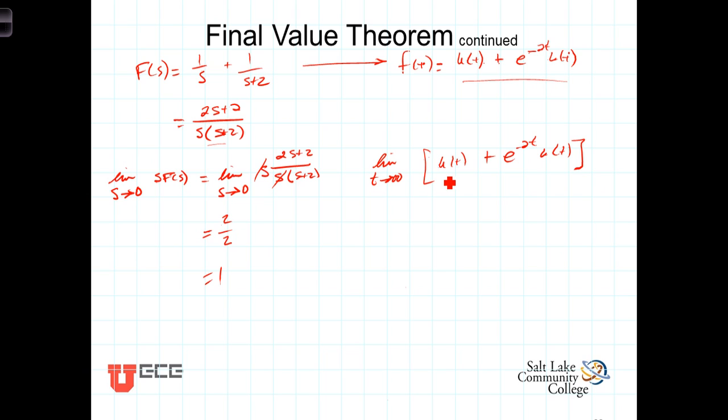It equals 1 for all t greater than 0. So the limit as t approaches infinity of the unit step function is just 1. On the other hand, this e to the minus 2t, as t approaches infinity, goes to 0. And we're left with this side here equaling 1.